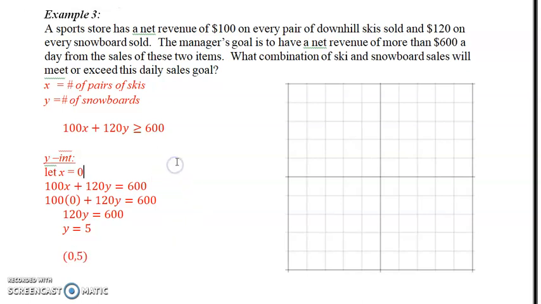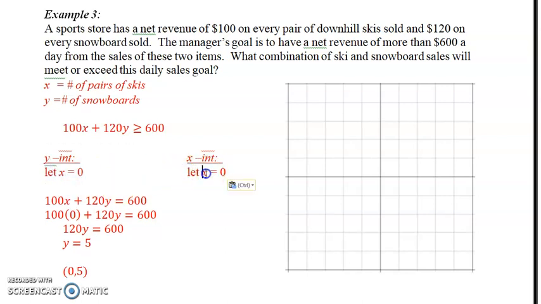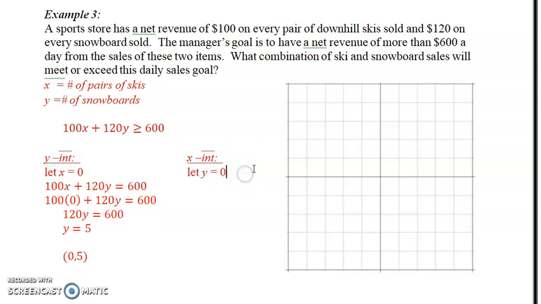And you do the same thing for the x-intercept. This time we'll let y equal 0. So find the x-intercept. Do the opposite, obviously. Let y equal 0. Rewrite your equation.